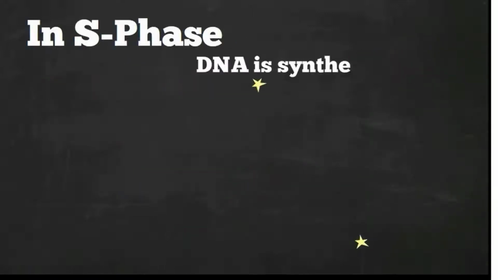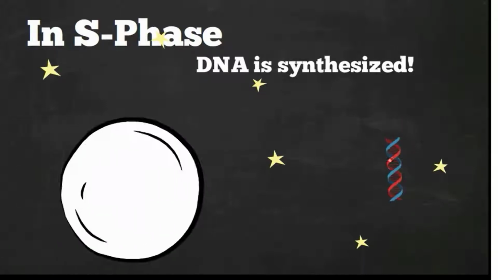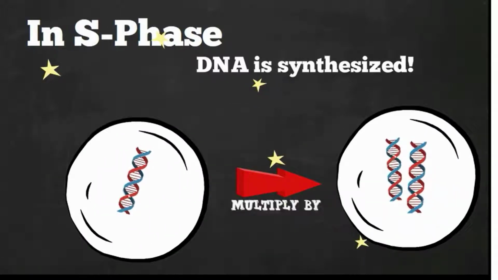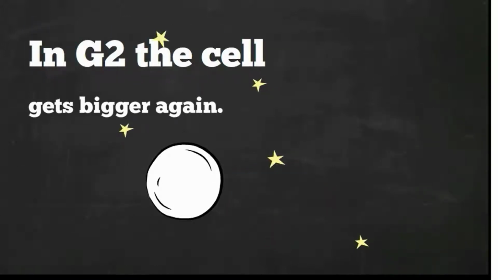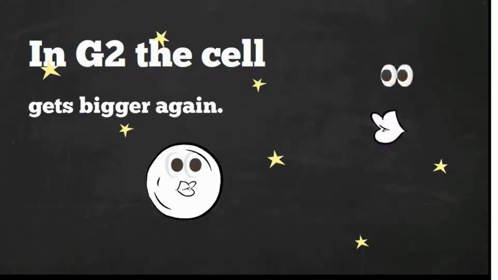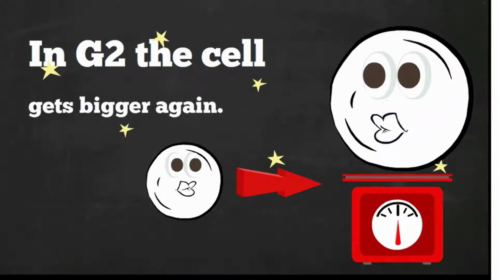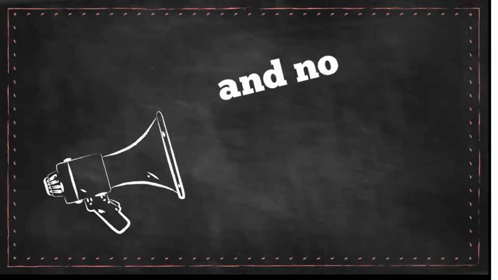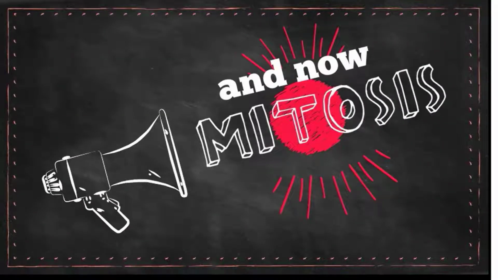In S phase, DNA is synthesized. In G2, the cell gets bigger again. And now mitosis is set to begin.